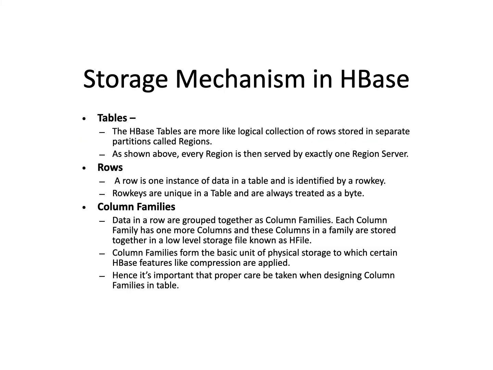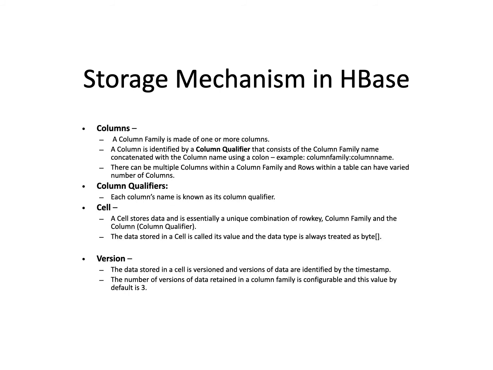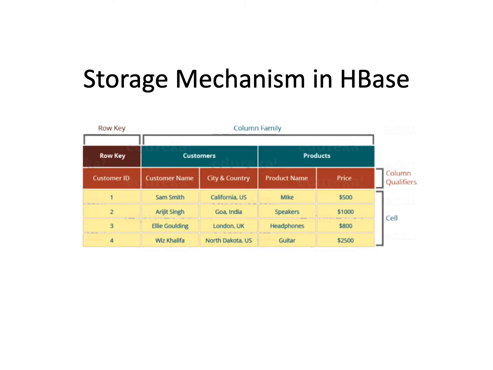Column families form the basic unit of physical storage to which certain HBase features like compression are applied, and hence it's important that proper care is taken when designing column families in the table. A column family is made up of one or more columns.